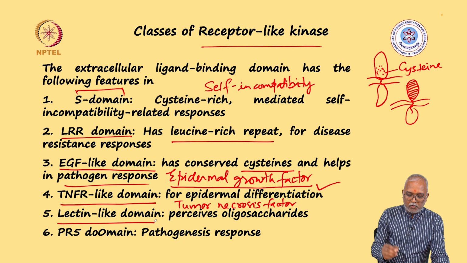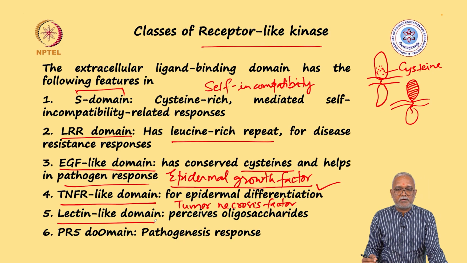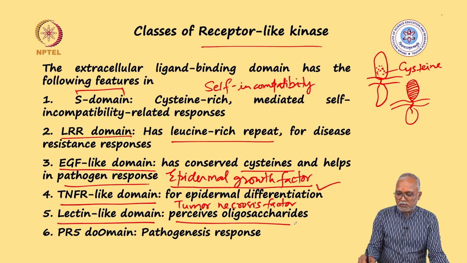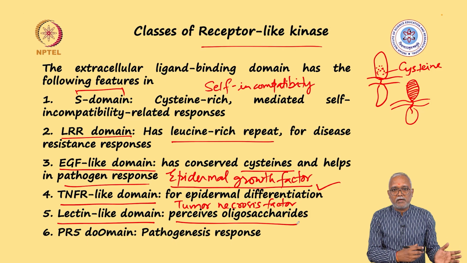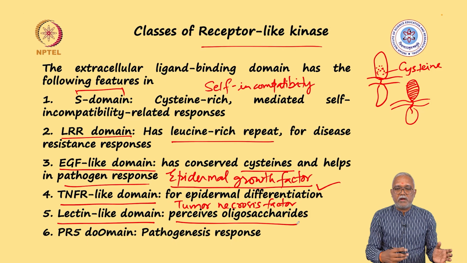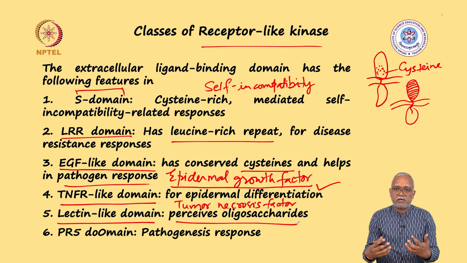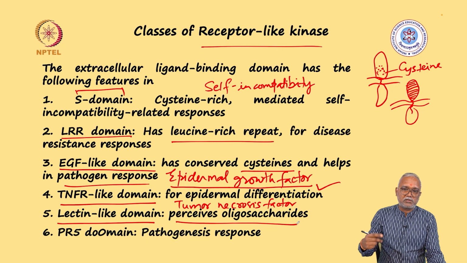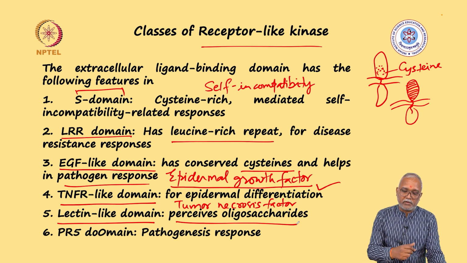There is a lectin-like domain which is present in plants, particularly because plants have lectin. They see different kinds of signals which are rich in lectin. They actually perceive the oligosaccharide. In the animal kingdom, the equivalent will be oligosaccharide-recognizing or sugar-recognizing receptors, and we will see how those things change significantly in the animal kingdom when we compare it to the plant kingdom.